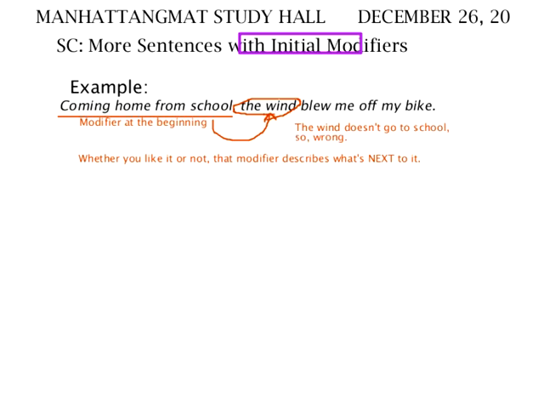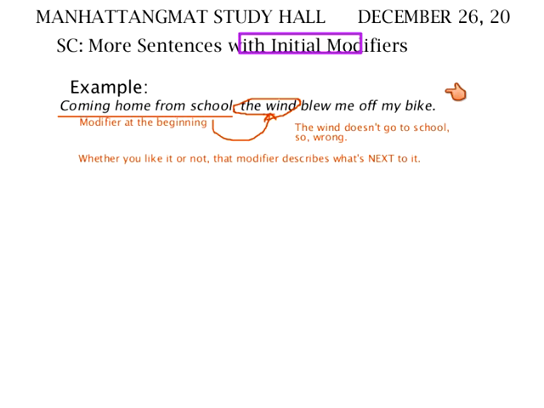Okay, some of you are fixing the sentence in the chat box. The most important thing I can tell you about fixing sentences is that you shouldn't do it, because that's not part of the skill set involved here. This particular sentence is not super hard to fix: if you had to leave coming home from school alone, you would just put I here. So, coming home from school, I was blown off my bike by the wind.